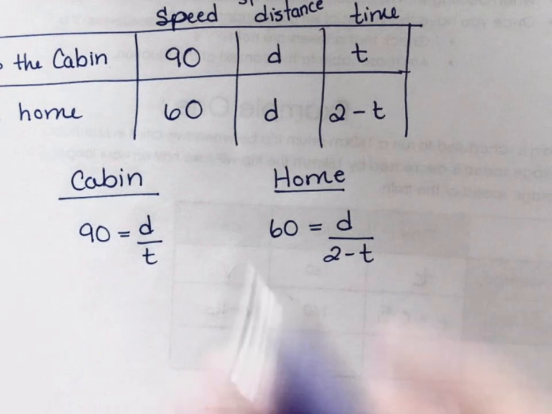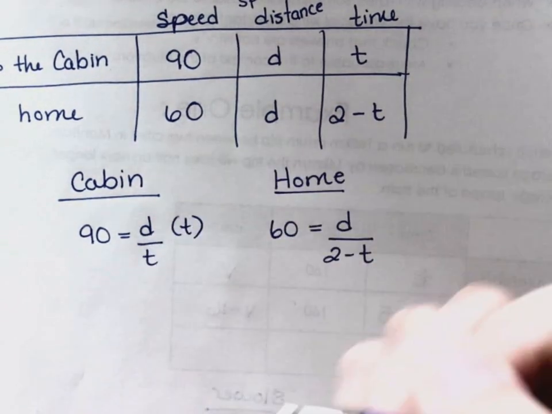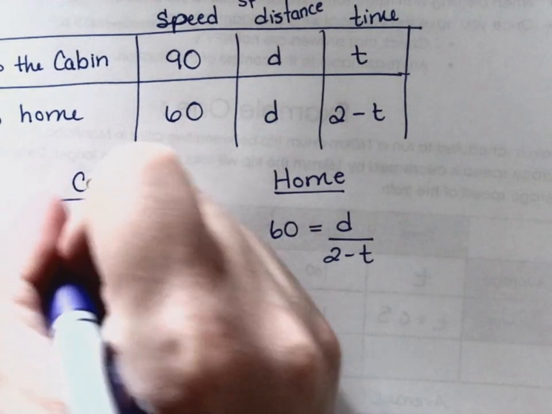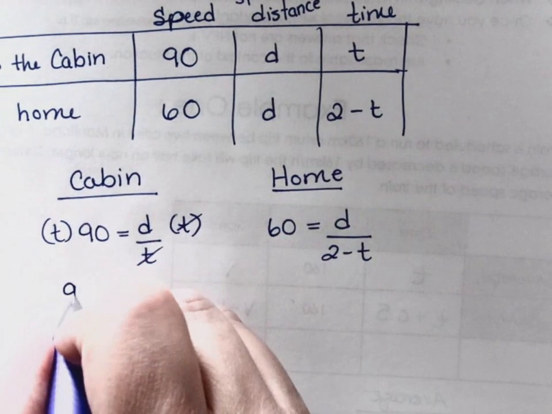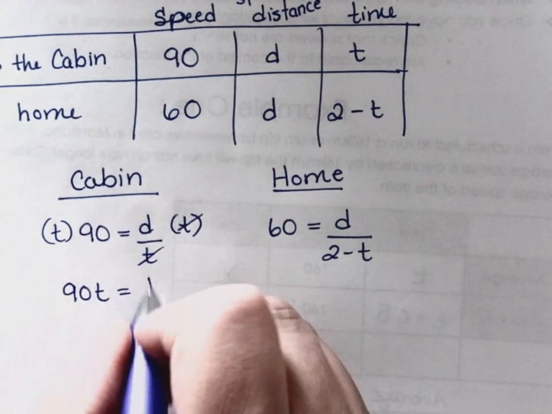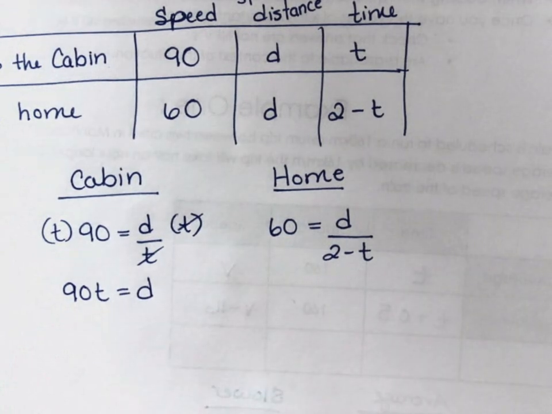Times. If I times the right-hand side by T, I have to times the left-hand side by T. Everybody good with that? So it's equal to a single variable. That's a key piece.